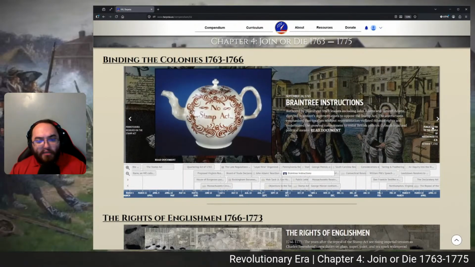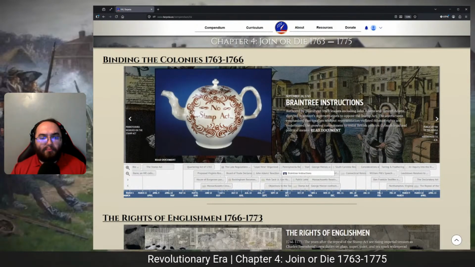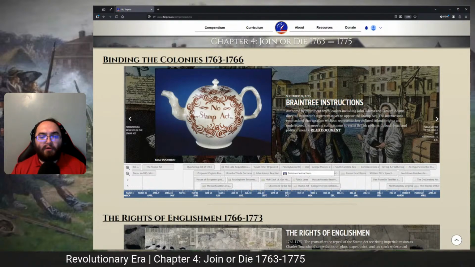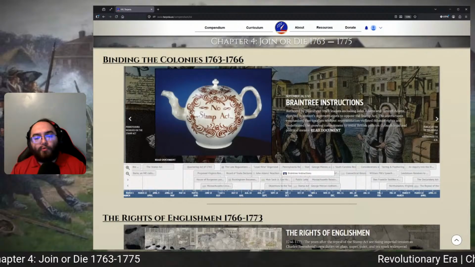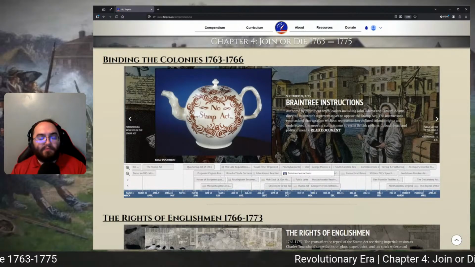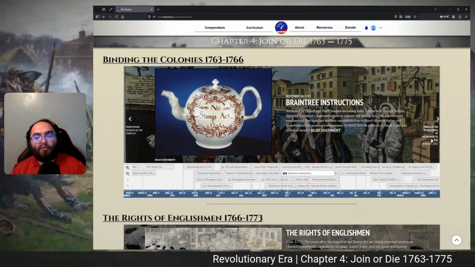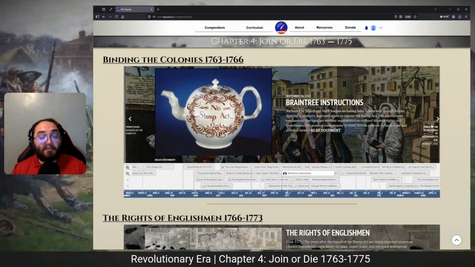Same thing in Massachusetts. You have the Braintree Instructions, authored by John Adams and Samuel Adams, about what their Boston representatives are going to do at the Stamp Act Congress.